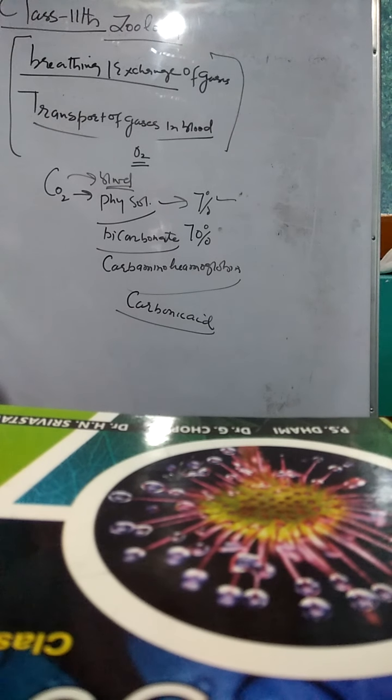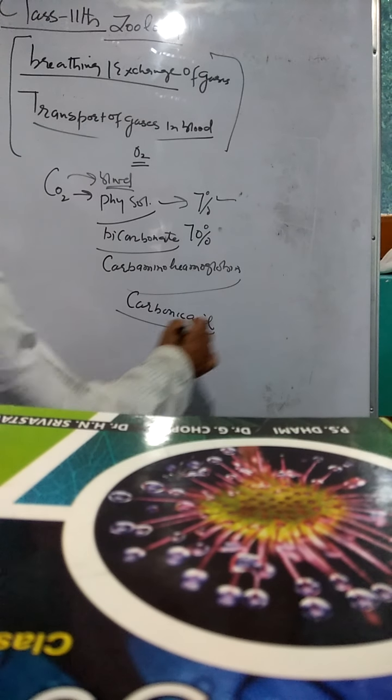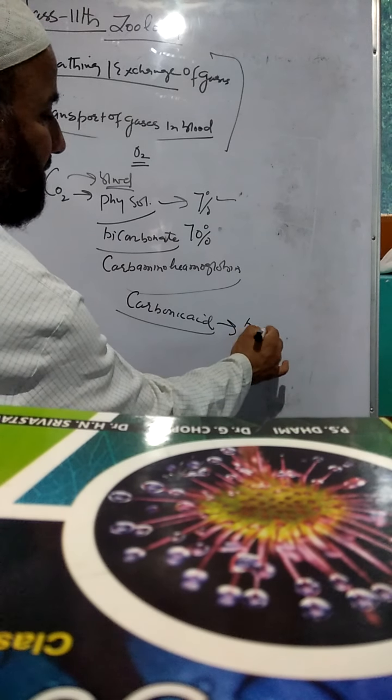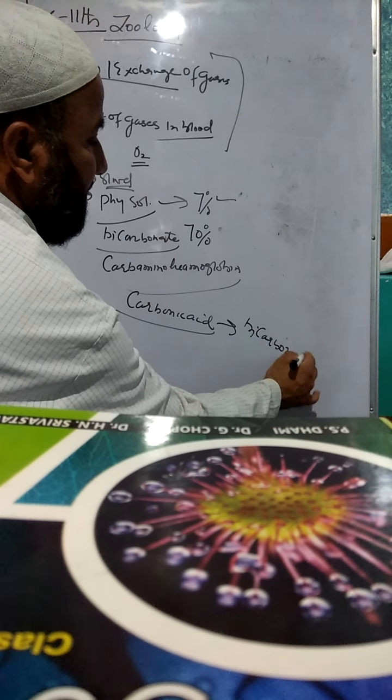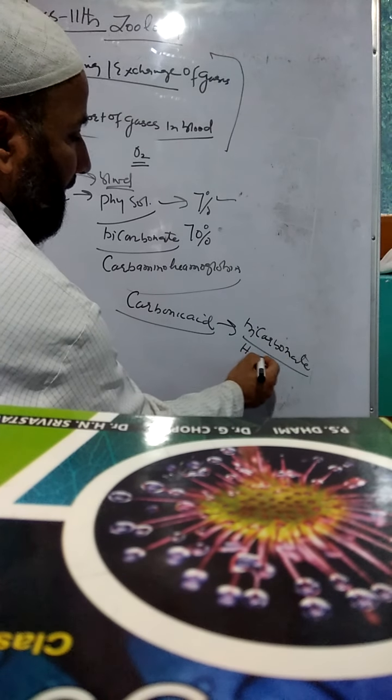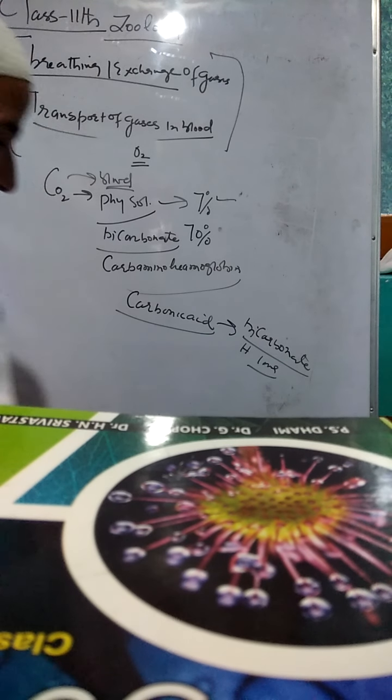Carbonic acid dissociates into bicarbonate and hydrogen ions.